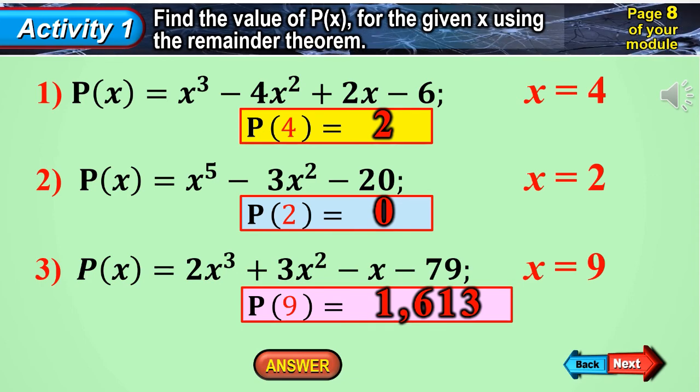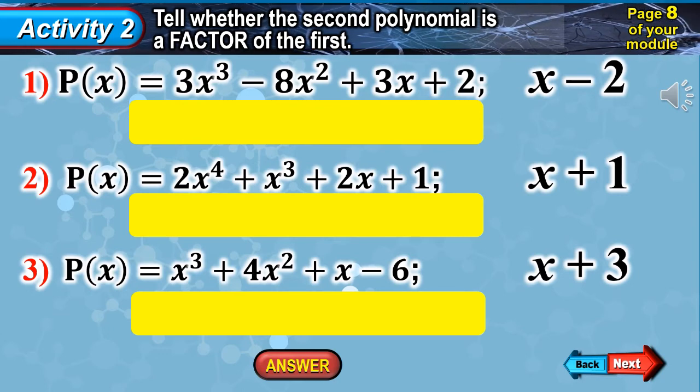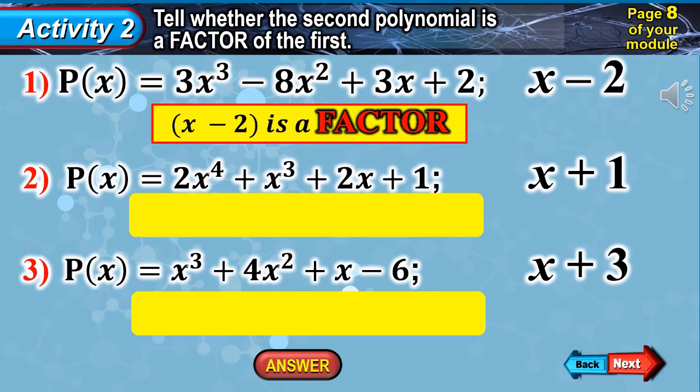And your answer is P of 9 is equal to 1,613. Now, for our activity number 2, show whether the second polynomial is a factor of the first. Number 1, P of x is equal to 3x cubed minus 8x squared plus 3x plus 2 divided by x minus 2. So, what is the answer? So, x minus 2 is a factor because the remainder is 0.